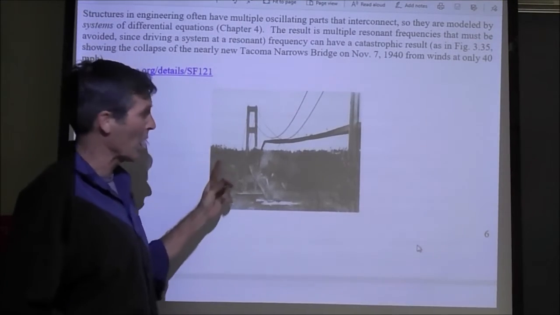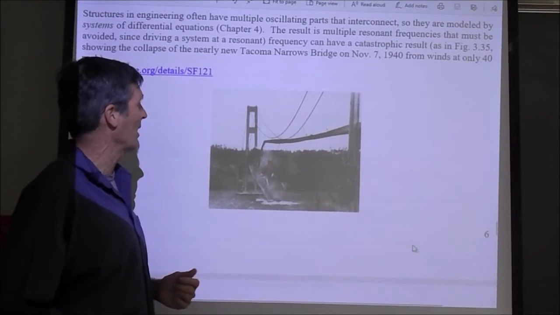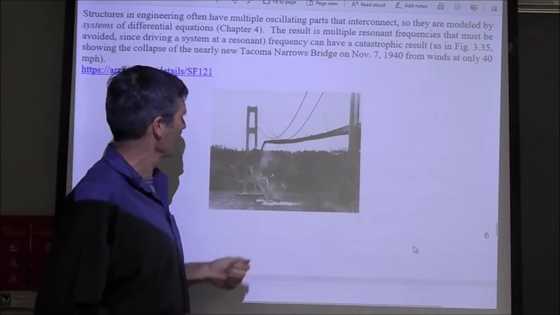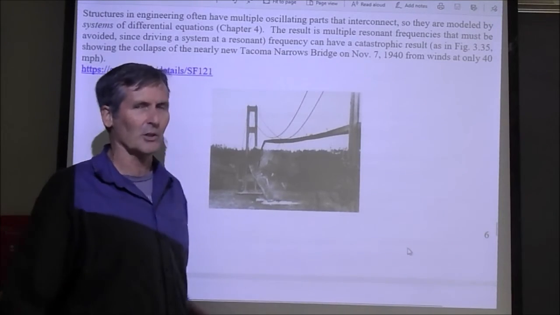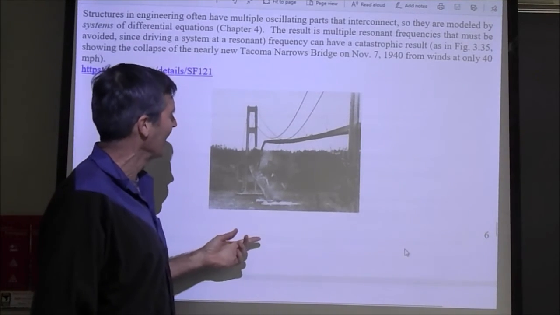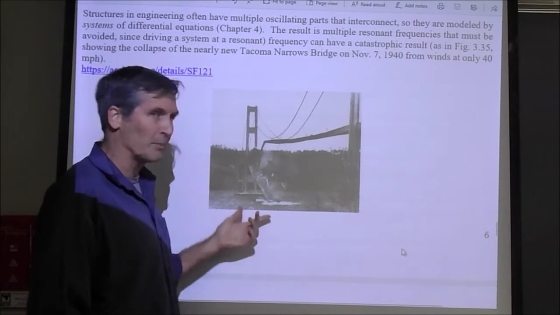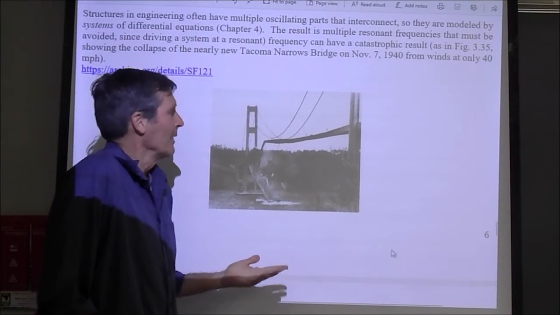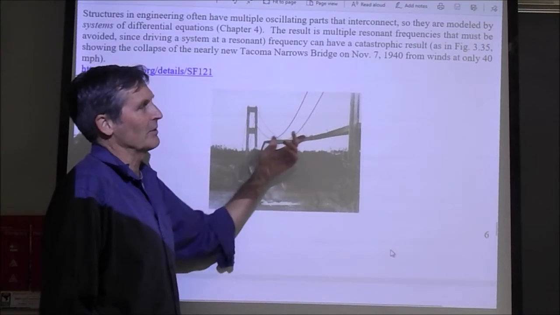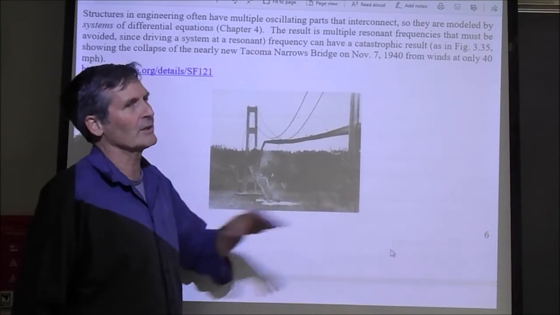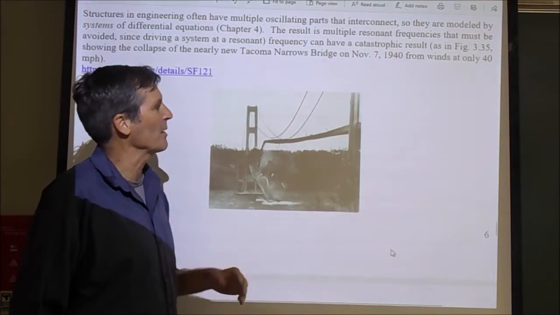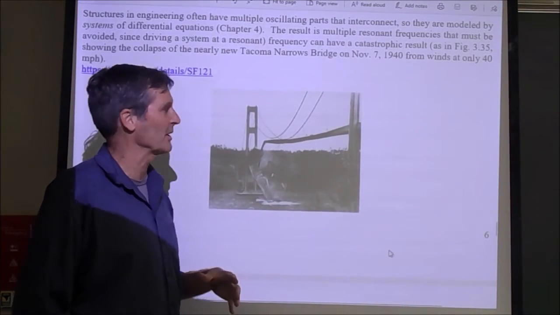This is the Tacoma Narrows Bridge in the state of Washington. And it's collapsing because in a measly 40-mile-an-hour wind like we get all the time here, the bridge fell down. It was practically new. How did that happen? Well, the engineers didn't realize when they built this new bridge that the wind blowing across it would cause it to oscillate with a vibration that was a resonant frequency of the bridge.